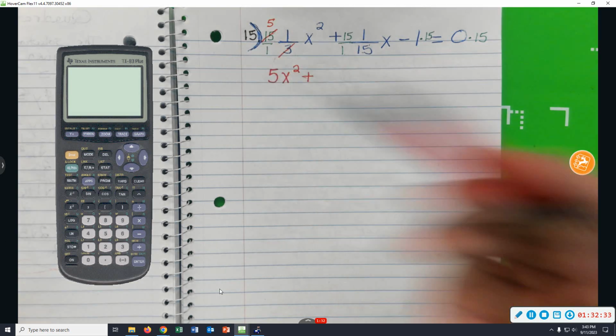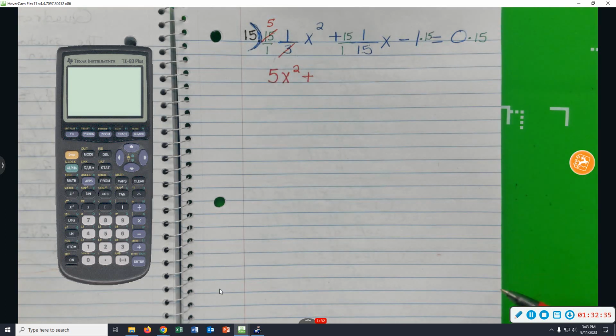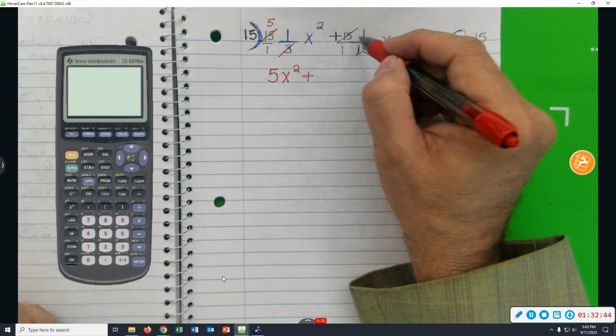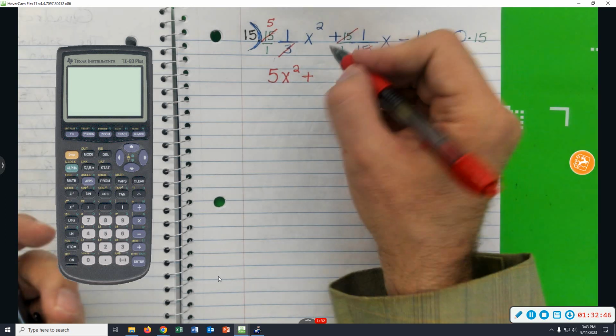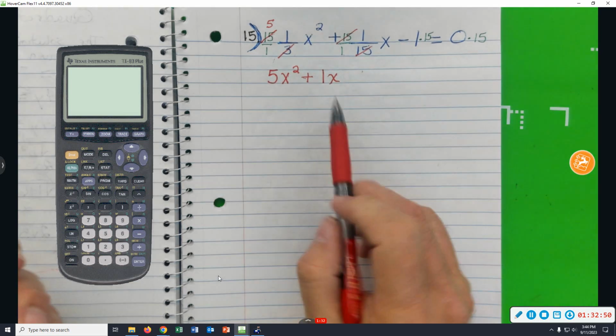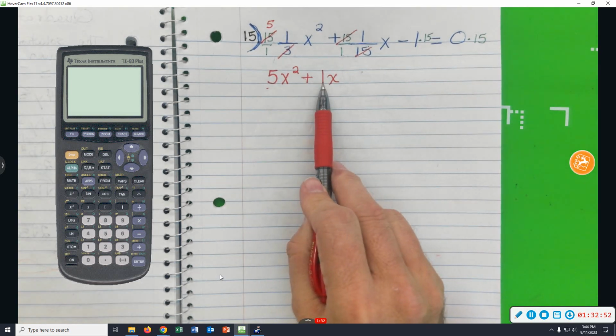I hadn't realized that problem 15 has a 15 in it. But see, last year, what was it? Same? Okay. 15 cancels, and we just have a 1x or x. I'm tempted to write it as 1x so you can clearly see what A and B are.